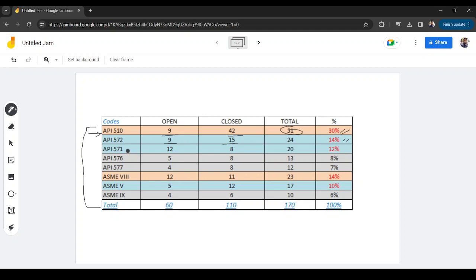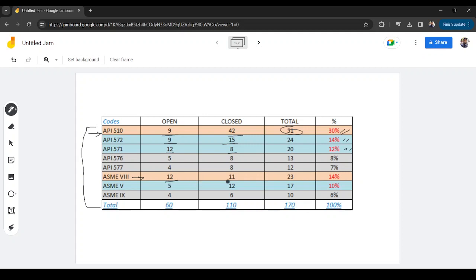Next is 571, that is damage affecting the pressure vessels. Open book examination 12, closed book examination 8. Almost 20% of examination questions are going to come from API 571. Next is ASME Section 8, that is the original construction code of the pressure vessel.